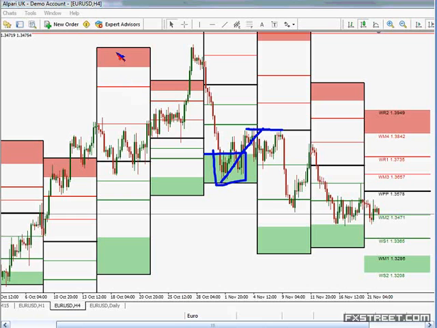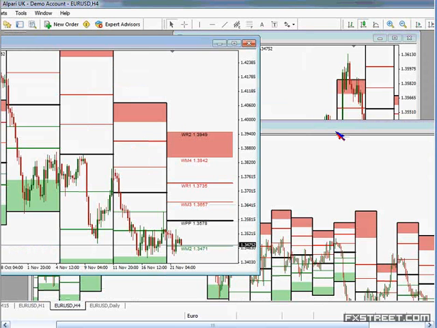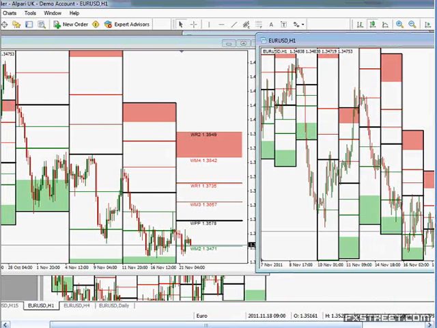Just to show you how things can actually fractally marry up. Right there, I think.